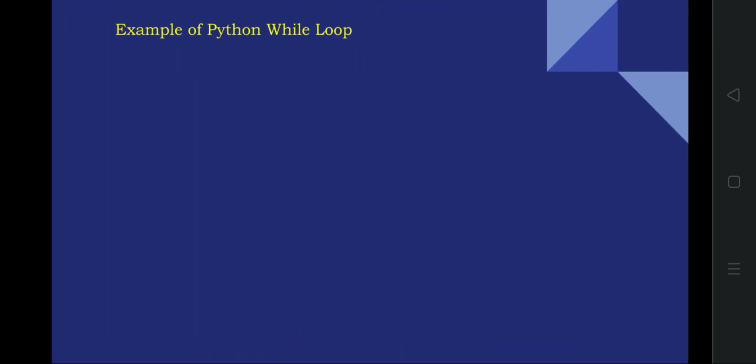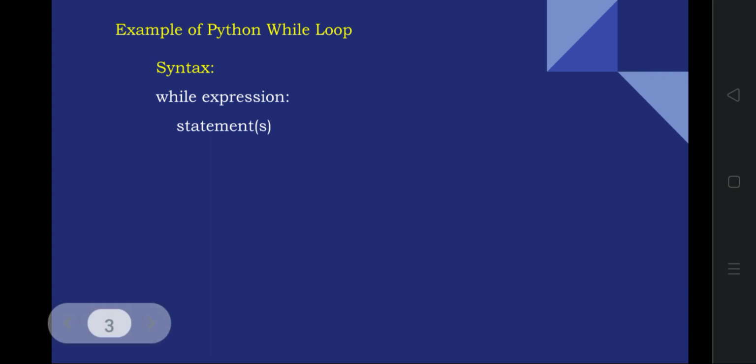Okay, now let us see the while loop of Python. The syntax of the while loop is: while expression, some statements. These statements are a group of statements or a single statement. Now the example to illustrate the while loop is: count is equal to 0, and now while count less than 3, the process has to be done.